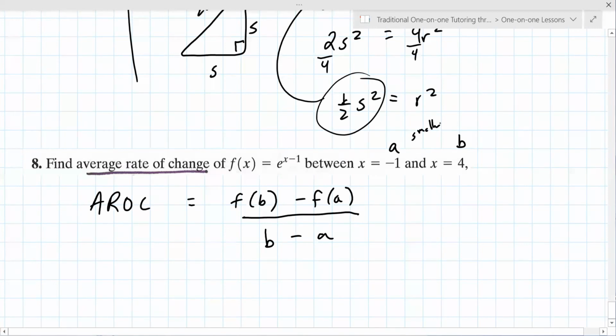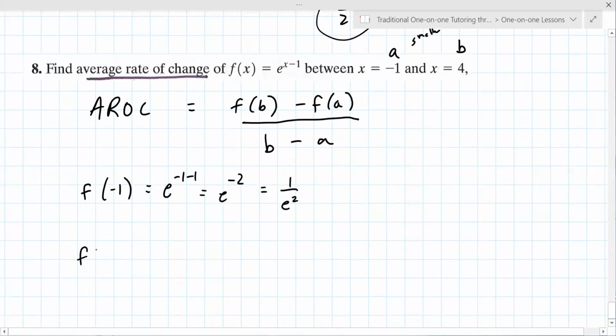So you have to find f of -1, and you do that by putting -1 into this. So this is e to the -1 minus 1, that's e to the -2, or you can write it as 1 over e squared. Then you need f of 4. That's e to the 4 minus 1, e cubed. Now it's just putting these back in.